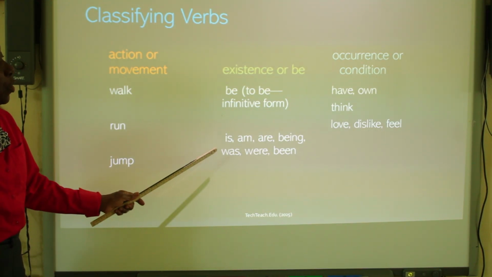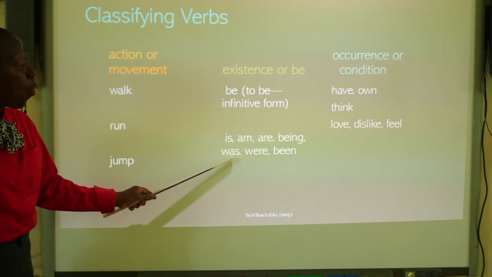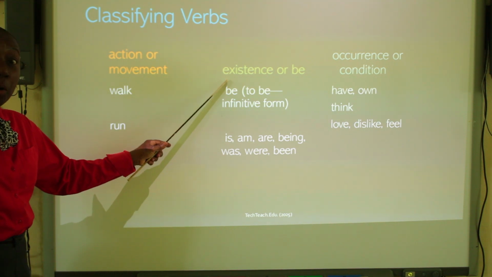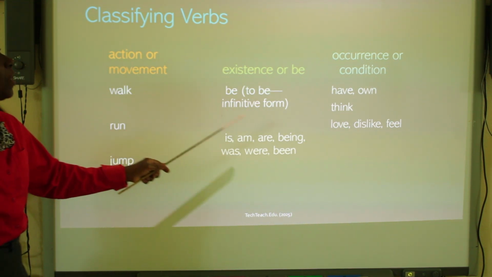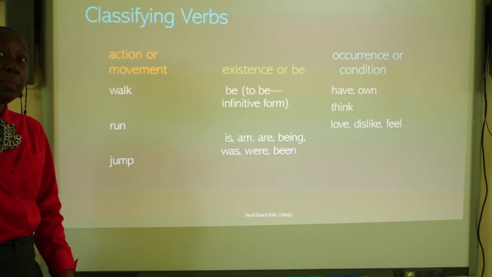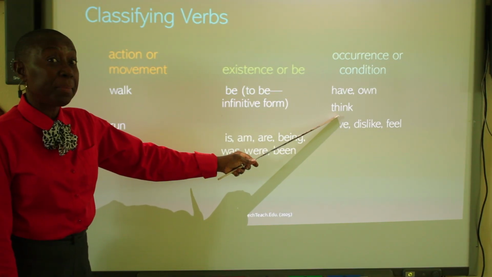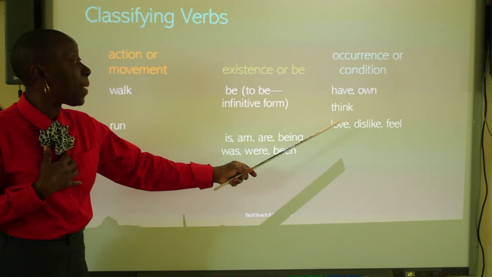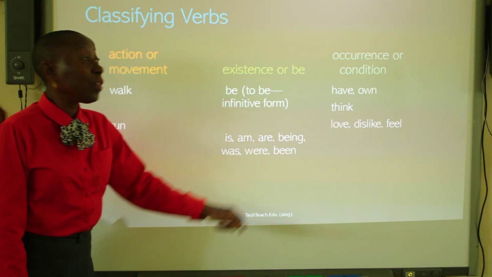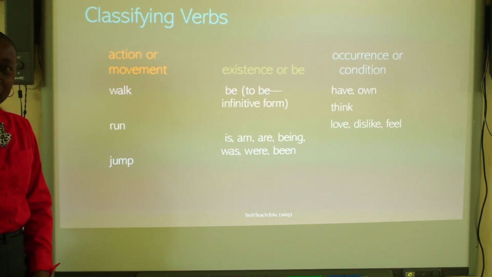For example, we use is, this verb. And then we have occurrence or condition. These verbs are such like thinking. It is happening or it's a condition of the mind. Love, dislike, feel. Those are also verbs, but you cannot observe the actions.